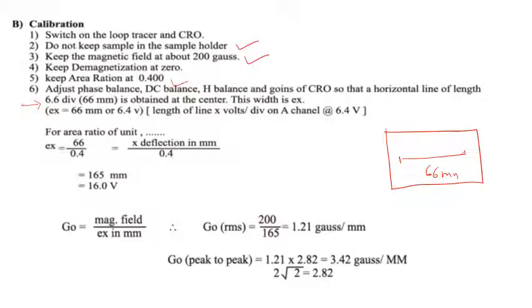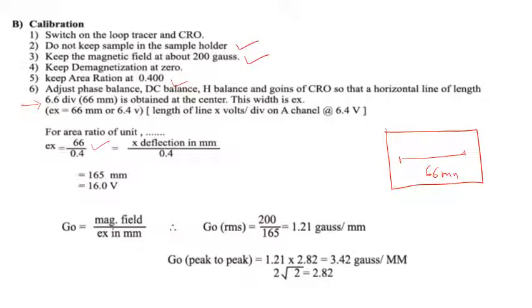Then we can find Ex by dividing 66 by the area ratio 0.4. There are a few small parameters that we have to calculate. Ex is equal to 66 millimeter divided by 0.4, which gives around 165 millimeter.